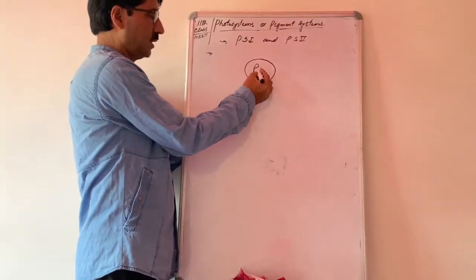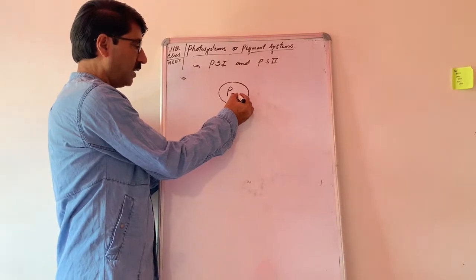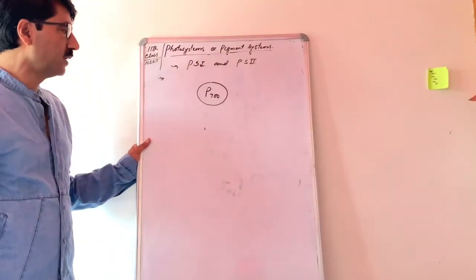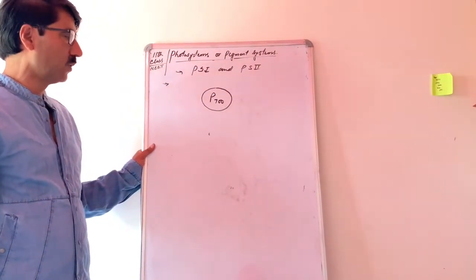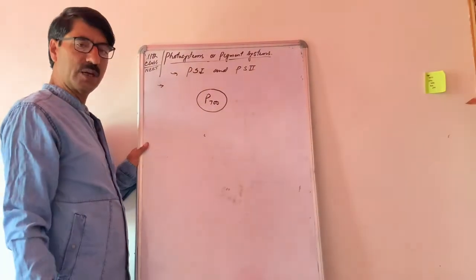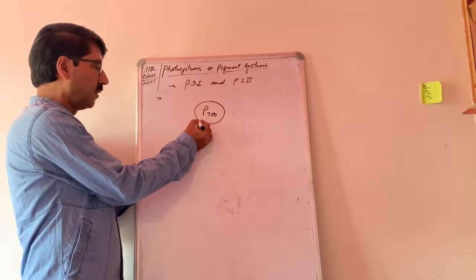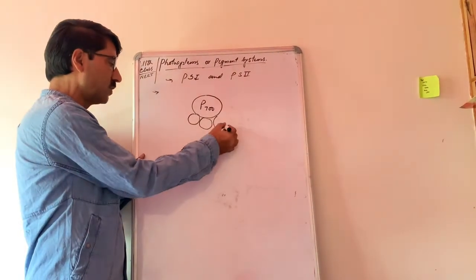Let us take here, this is chlorophyll A molecule. I am taking one of photosystem first, that is pigment 700 chlorophyll A molecule, which is having the absorption maxima at 700 nanometers. Associated with this are other pigment molecules.